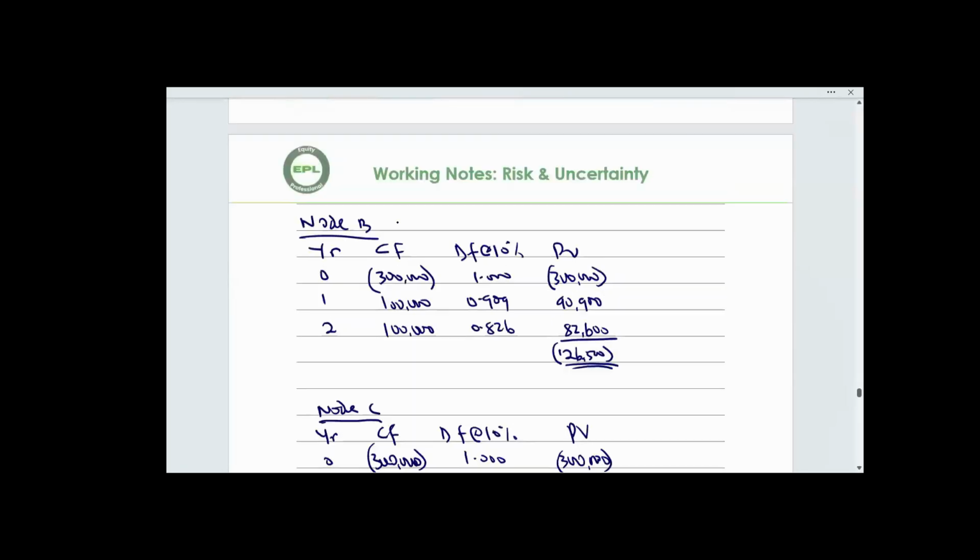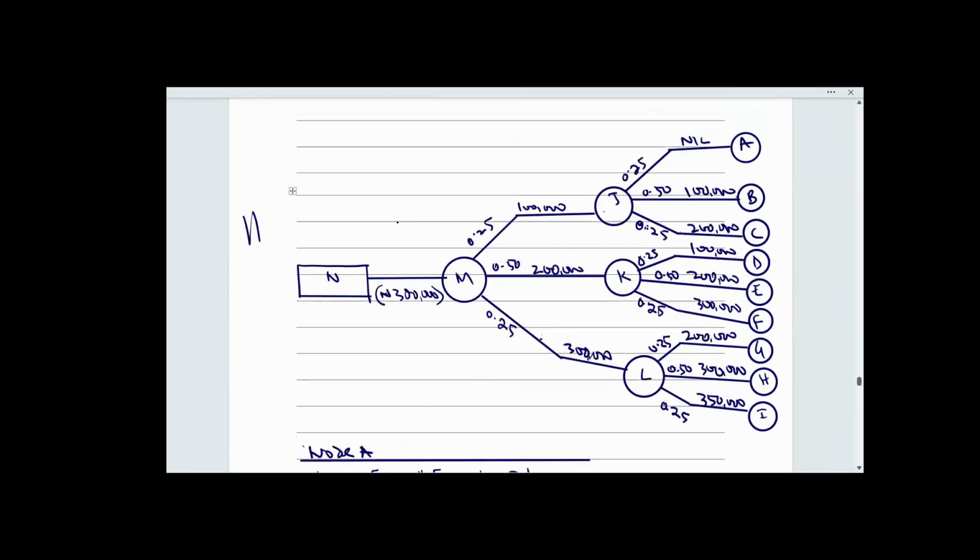Then node D. Cash flow, discount factor at 10%, present value. Year 1 to 2. 300,000 initial outlay. Then for node D, cash flow in year 1 is 200, cash flow in year 2 is, sorry, it's 100,000.